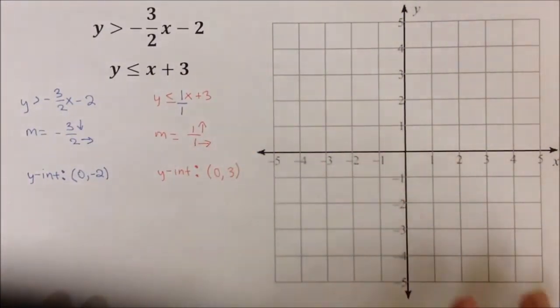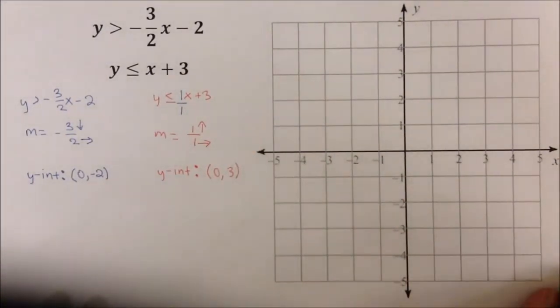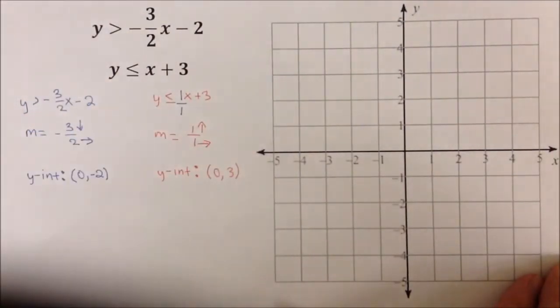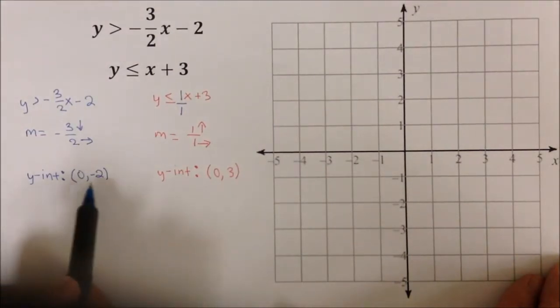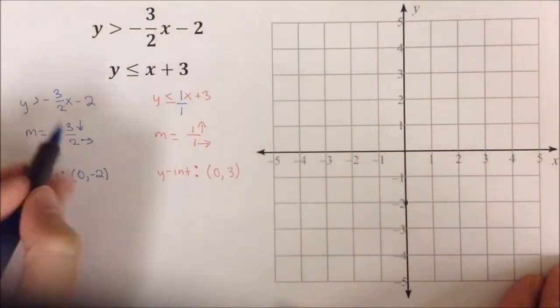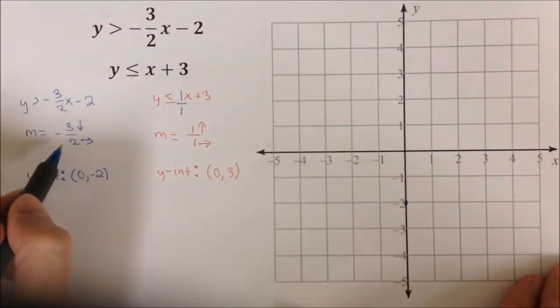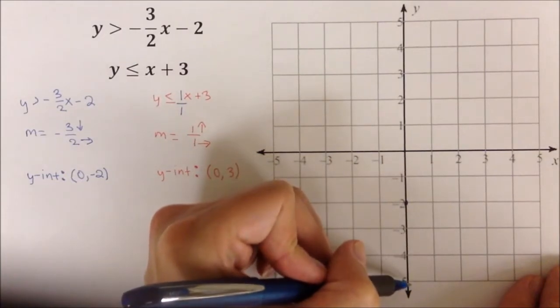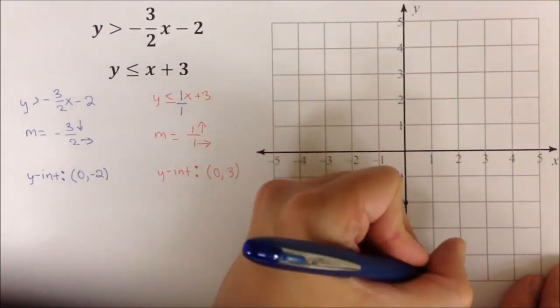Alright, I got all the information I needed in order to graph. So let's start graphing. First, I'm going to graph the first linear inequality. Starting at (0, -2), which is right here, it tells me to go down 3, right 2. 1, 2, 3, right 2, 1, 2.